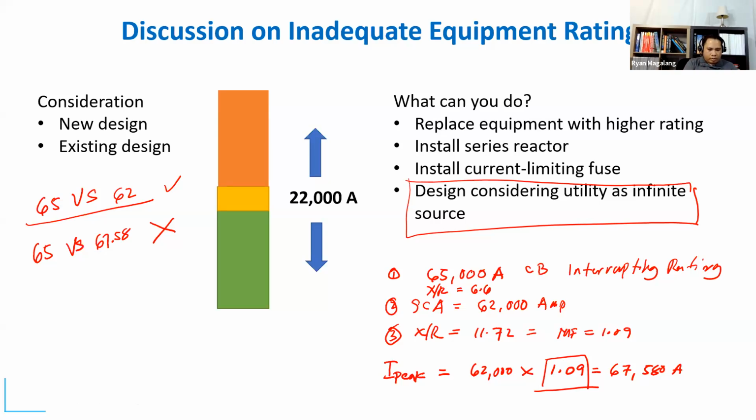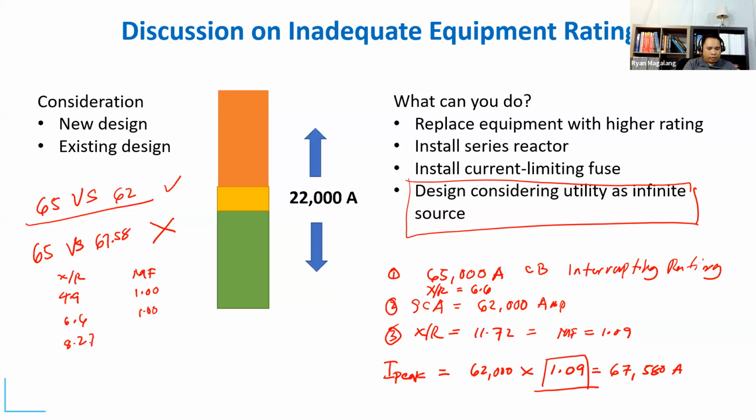Let's say for an XR of 4.9, the multiplying factor is one per unit.